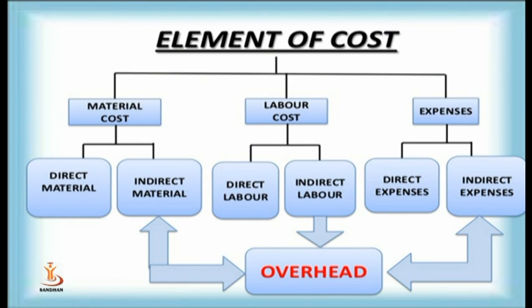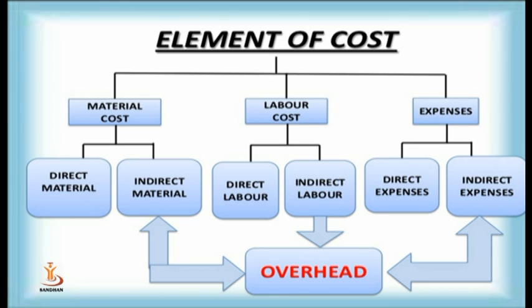Another way, we can also say that these are the elements of cost: the material cost, the labor cost, and other expenses. Now, which kind of expenses are these other expenses? Material and labor are directly used to manufacture our product, whereas other non-manufacturing expenses like selling and distribution expenses and office and administrative expenses also become a part of cost.